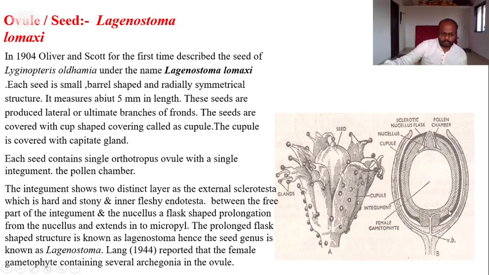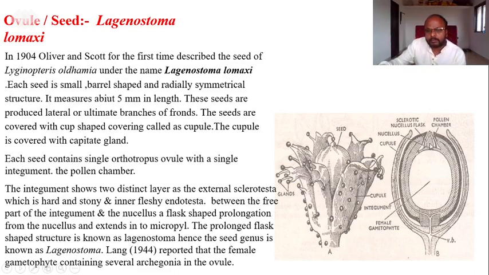sclerotesta and endotesta. The external part is called the sclerotesta, which is hard and stony, and the inner fleshy layer is the endotesta. In between, in the free part of the integument, there is a micropyle, and there is a flask-shaped structure of the nucellus which comes out as a prolonged structure.